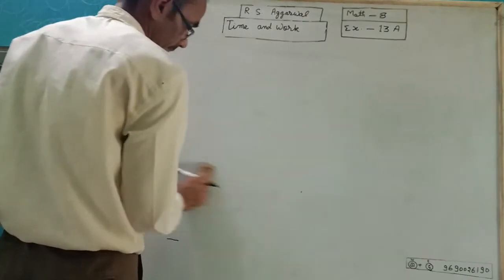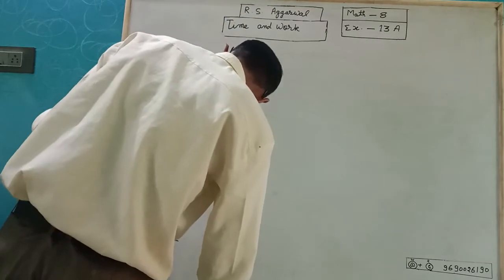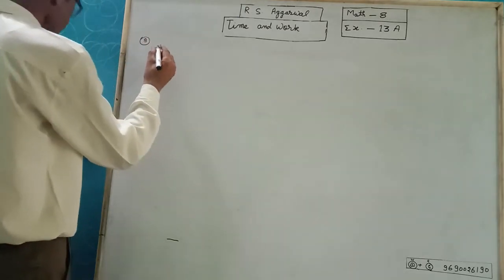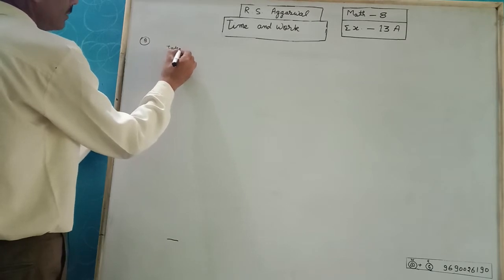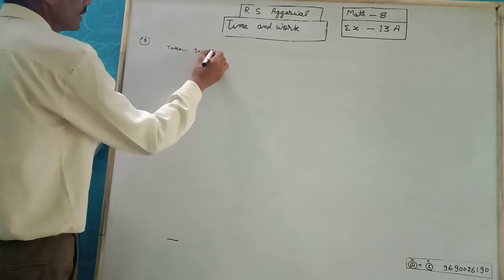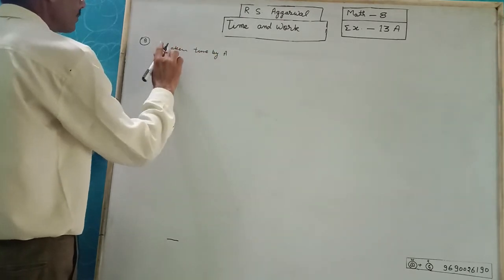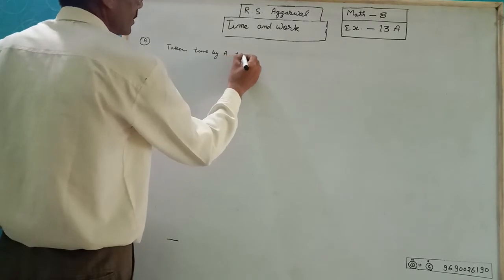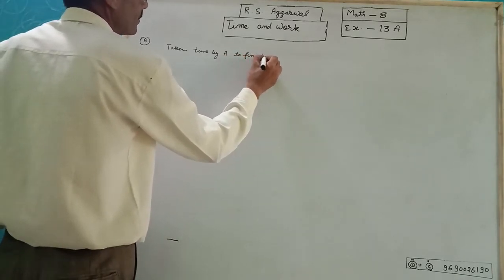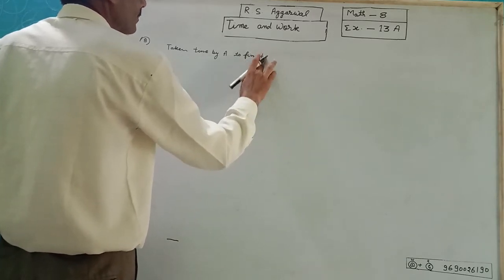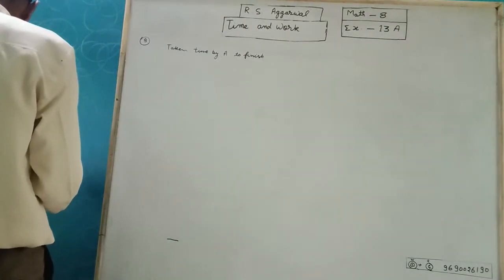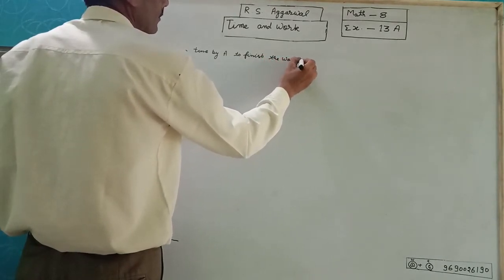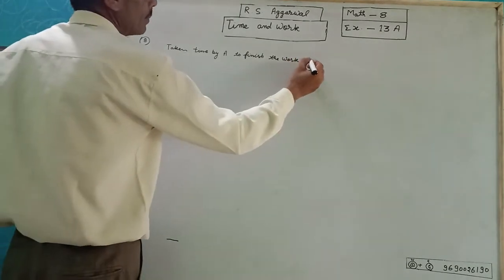Question 9. A can do the work in 14 days. Time taken by A to finish the work is 14 days.